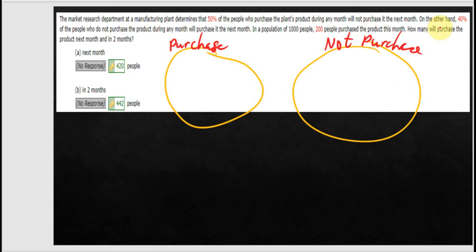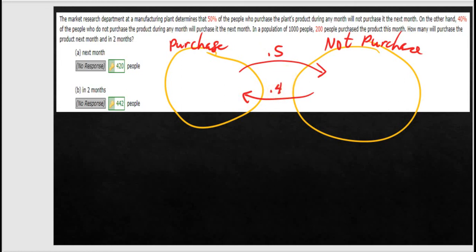So here it determines that 50% of the people who purchase the plant's product during any month will not purchase it in the next month. So the 0.5 there. And then it says, on the other hand, 40% of the people who do not purchase the product during any month will purchase it the next month. So 0.4.